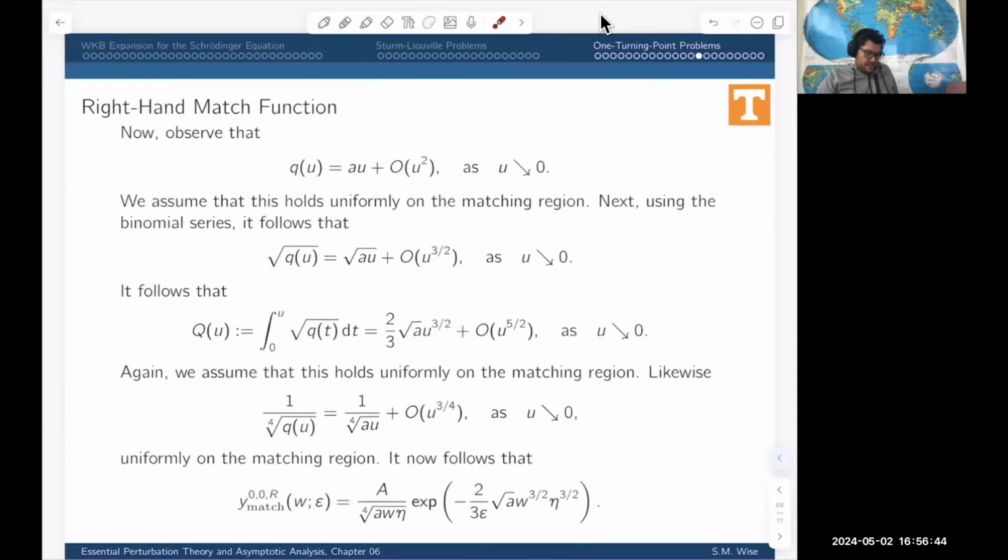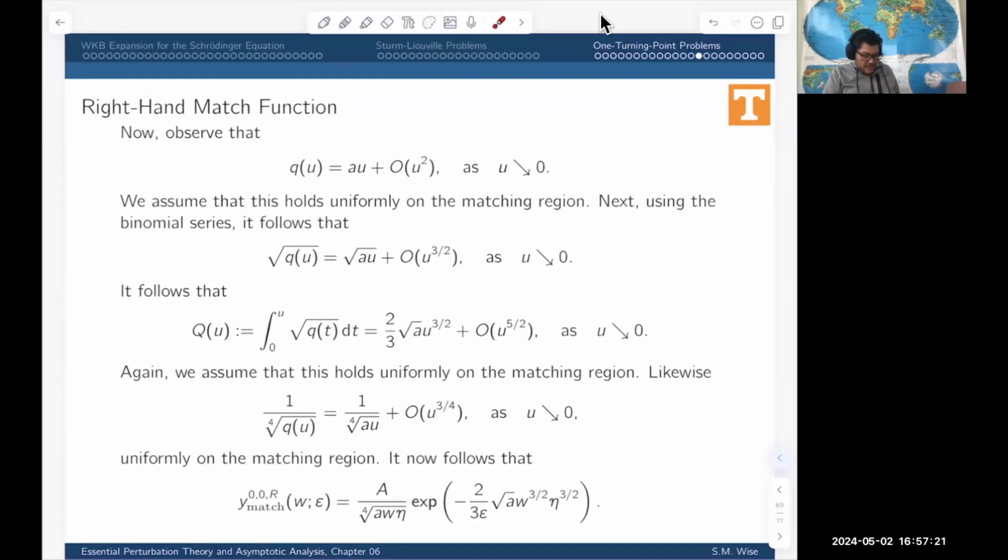All right, well, let's put together some pieces of information that we know. First of all, Q of U is equal to AU plus big O of U squared as U goes to 0. I don't care what U is, it could be anything, as long as it's getting small and I put it in here, then we can use this asymptotic approximation for Q. This just involves using the binomial series expansion.